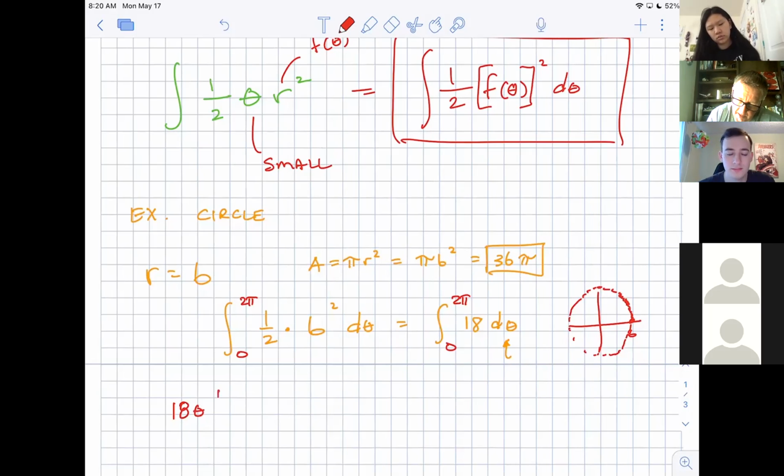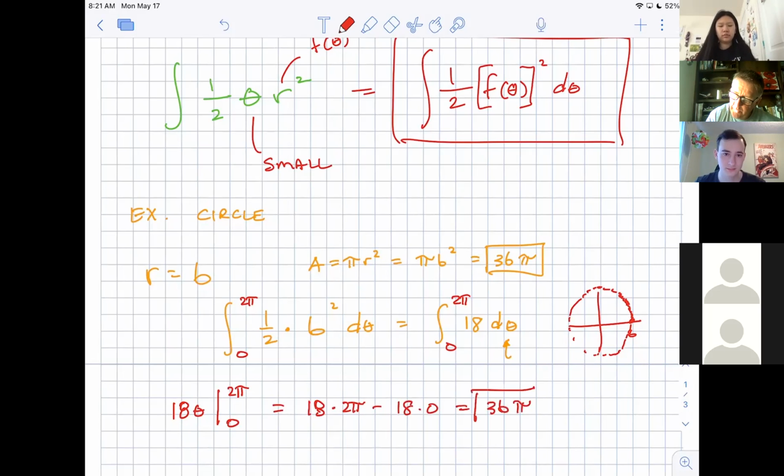Now I just evaluate that from 2 pi to 0, and I see 18 times 2 pi minus 18 times 0. Whoa, I actually get 36 pi for that. Of course I do, because that's the answer we already knew before we started. So it's working. In the case of a circle, you'd say that's kind of silly to do, and you're right. But what about more complicated equations? So let's go tackle one of those.